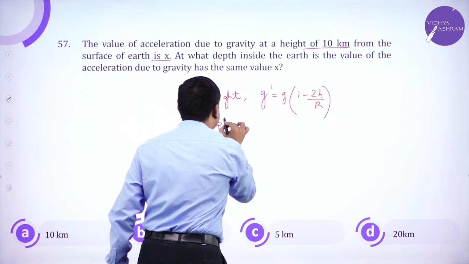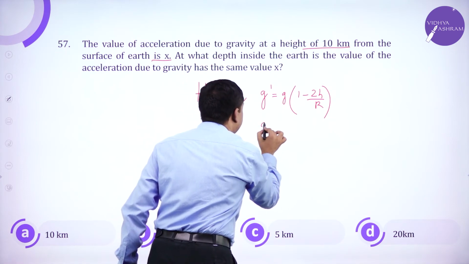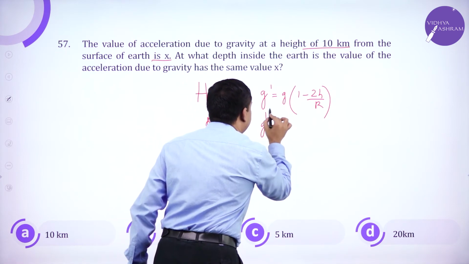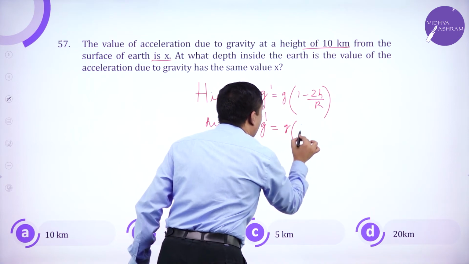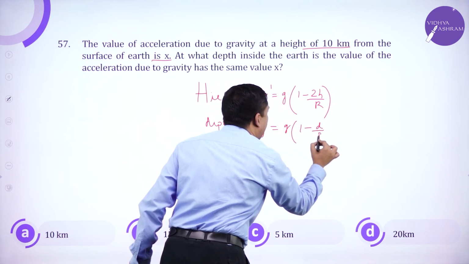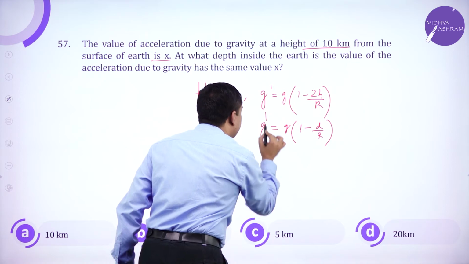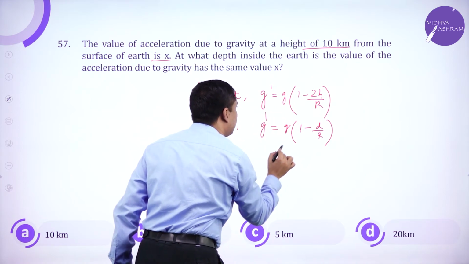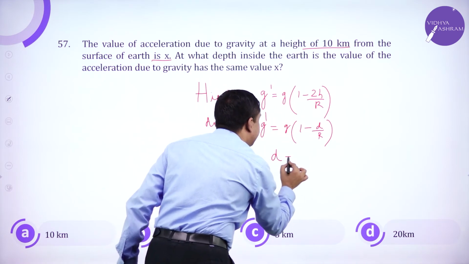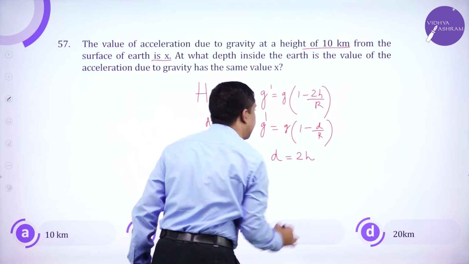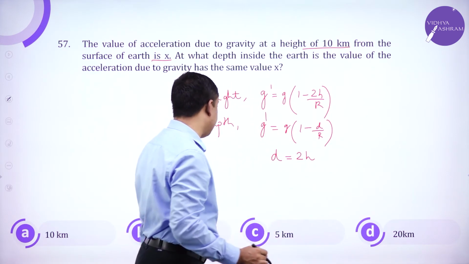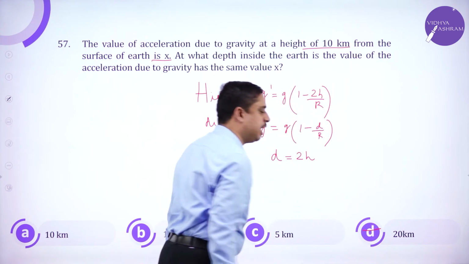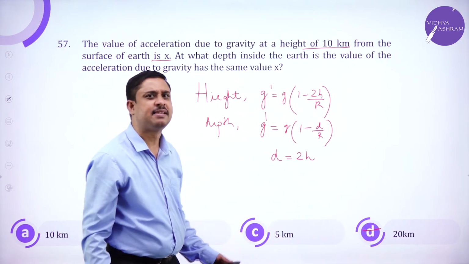If you consider the depth, g dash is g into 1 minus d by r. It is given that g dash is equal to this, from which d is 2 times h. So 2 into 10, 20 kilometer should be the answer. Basic.